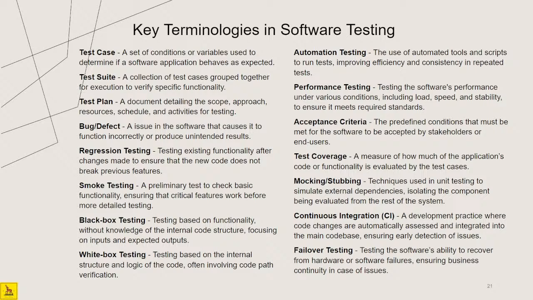And we should be aware of what failover testing is, which is testing the software's ability to recover from hardware or software failure, ensuring business continuity in case of issues.